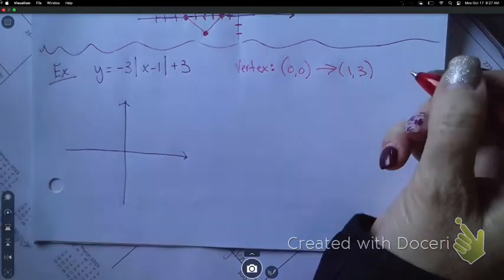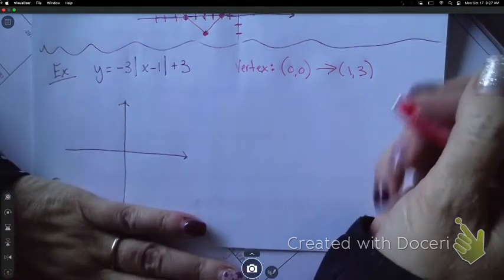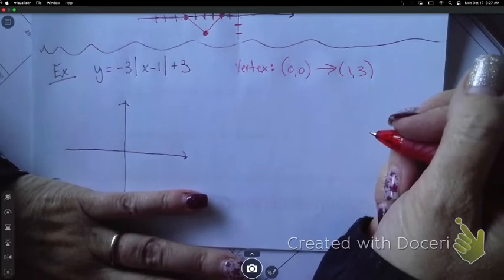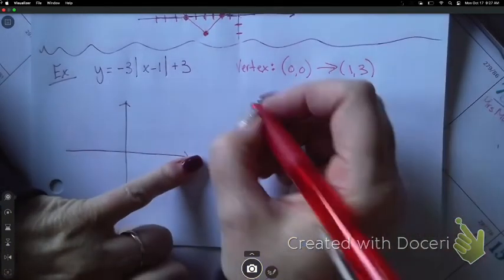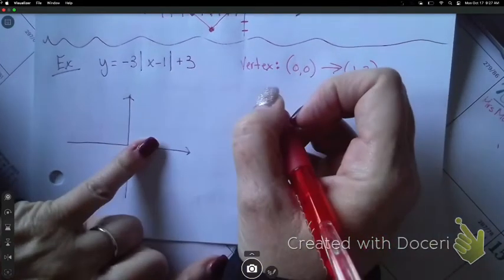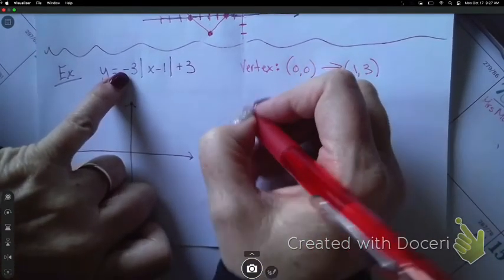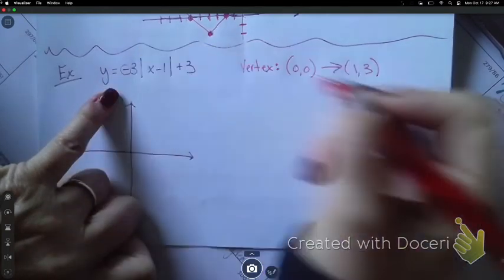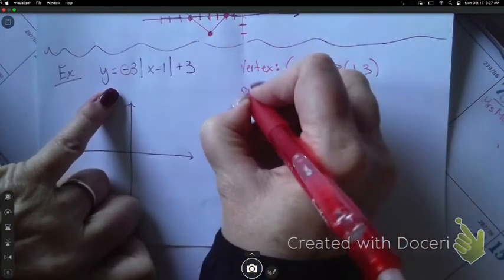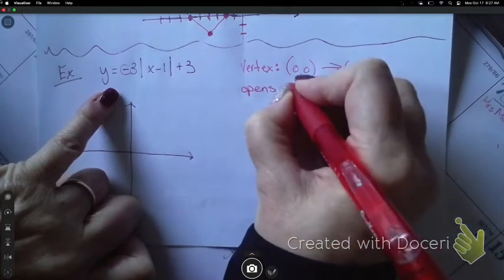What's the next thing we have to do? Opening or closing? Up or down, right? It's down because of this. So it opens down.